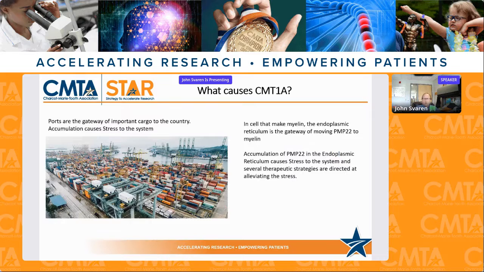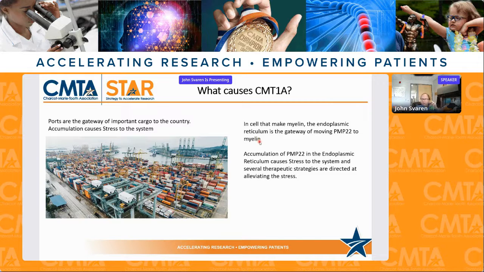Now, we also know that part of what causes CMT1A is something called cellular stress. Probably the best example I can think of right now is that all of you are aware of the cargo that's piling up in different ports of our country. This accumulation of cargo is causing stress to the system because it's accumulating here and is not able to be shipped out to where it's supposed to be. We have a similar system in the cell. To make myelin, the PMP22 protein has to make its way out to the cell surface.